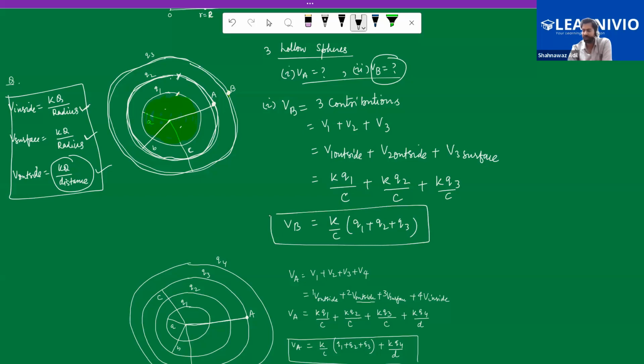If it is clear, then quickly note this thing down. Please note it down.